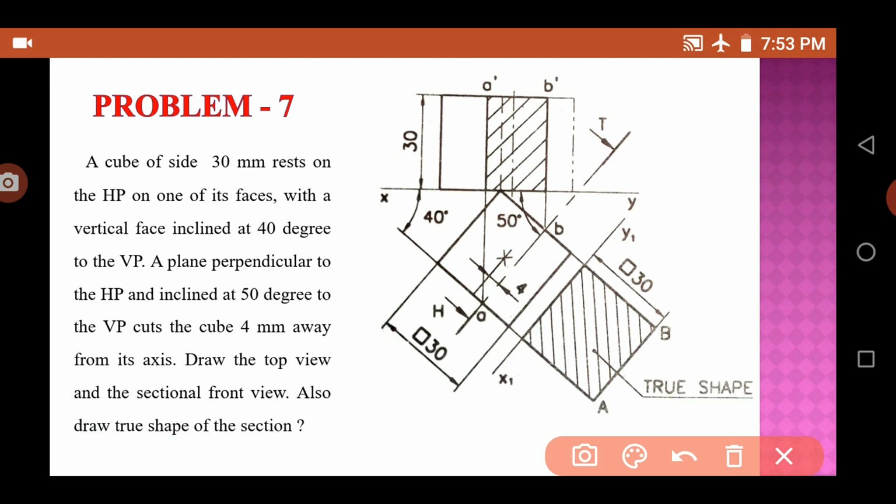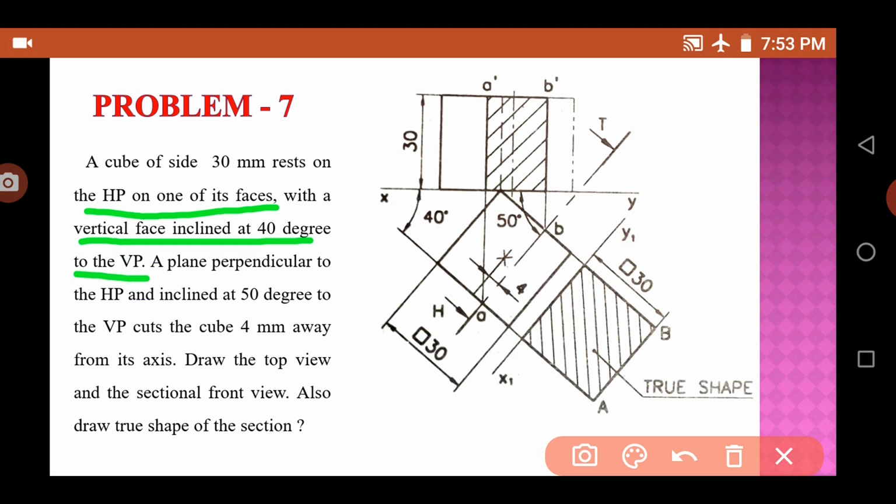Now the cube of side 30 mm rests on HP on one of its faces. It means that first we have to draw a normal drawing. How are we going to decide the normal drawing? It is given that the vertical face is inclined 40 degree to the VP.